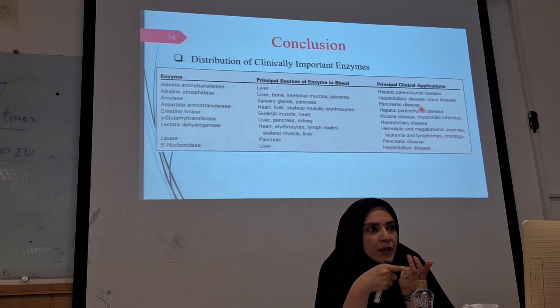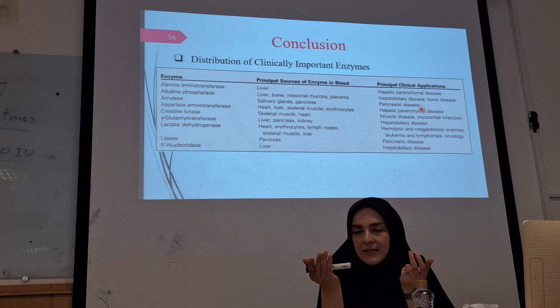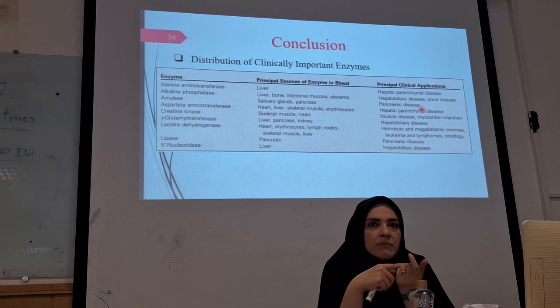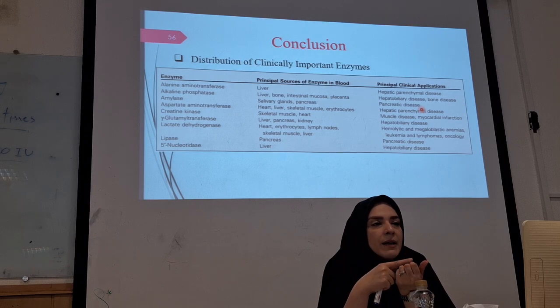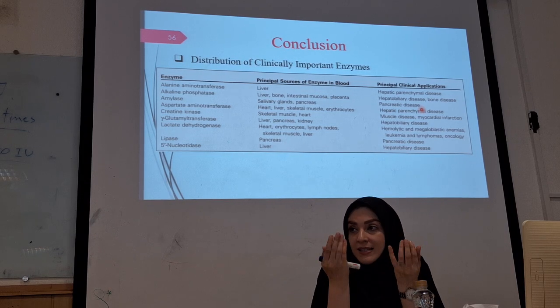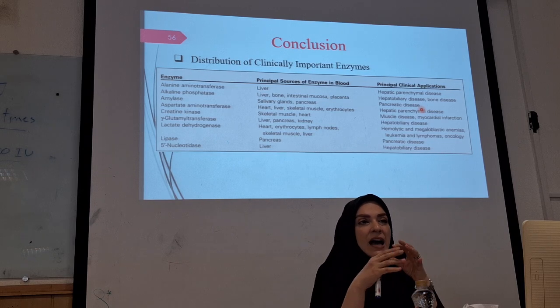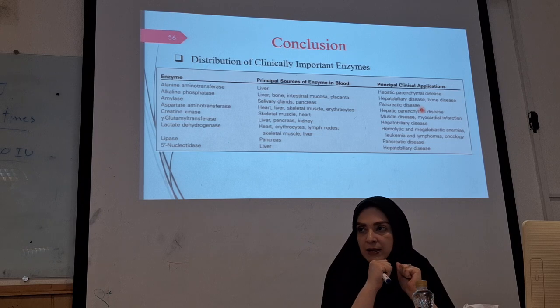Maybe this sample is from a patient who had an accident. Maybe he or she is a normally growing child, or maybe it has some liver damage. We cannot distinguish. So today we have a general test for alkaline phosphatase.